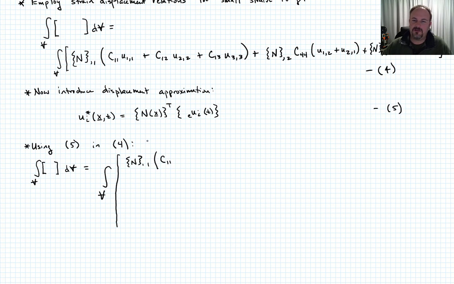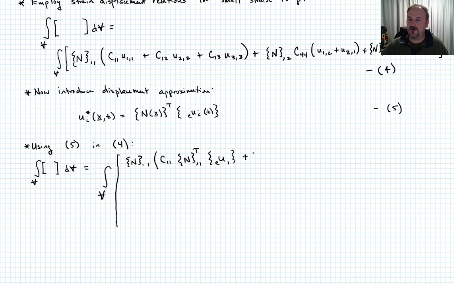Now, the approximation for u1 is just going to be n transpose times U1 of the nodal vectors. And then the partial doesn't play on the nodal vectors because those are only time dependent. It plays only on the interpolation functions. So this looks like n transpose comma 1 times U1. Okay, and I'm going to drop the t just for convenience. Know that U can be dependent on time.